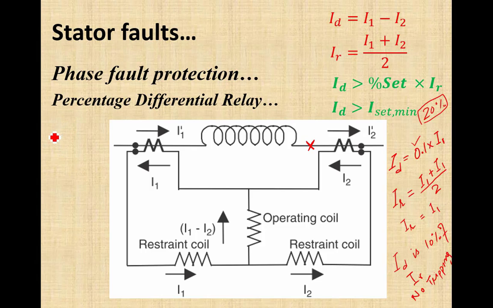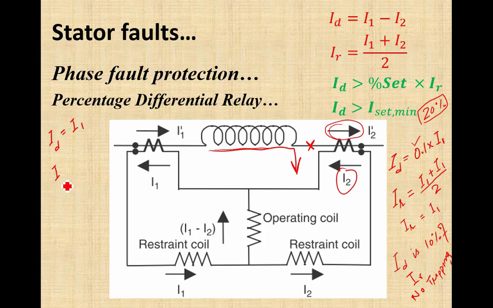So difference current will be I1 minus I2, and if we assume I2 is equal to 0, that is equal to I1. Why is I2 equal to 0? Because here no current is flowing through the primary of this CT. Complete fault current is flowing here into the fault. Nothing is flowing through the primary of the second CT. So ID is equal to I1.